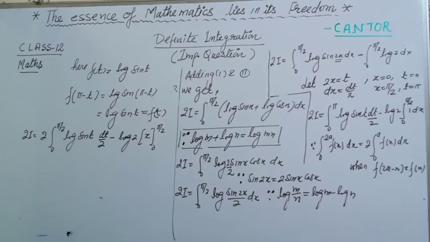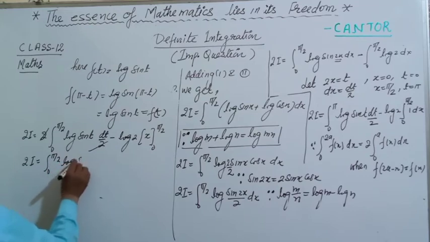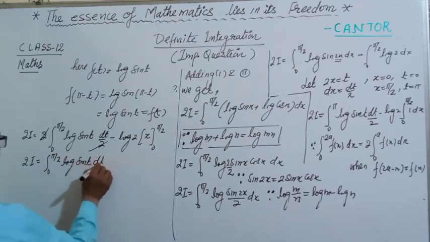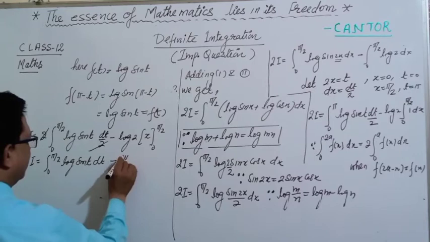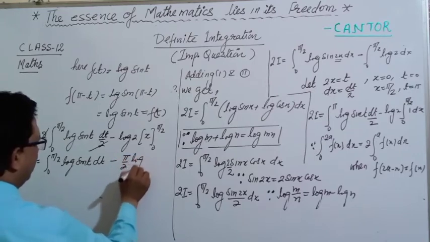Okay. So this 2 is cancelled out. So 2I is equal to the integral from 0 to pi by 2 of log of sin t dt. Apply the limit. So this becomes pi by 2 log of 2.